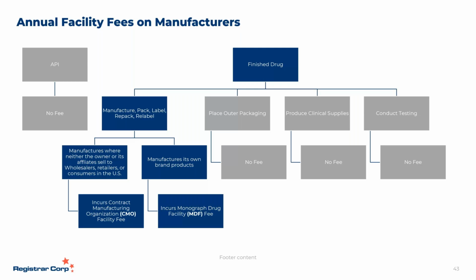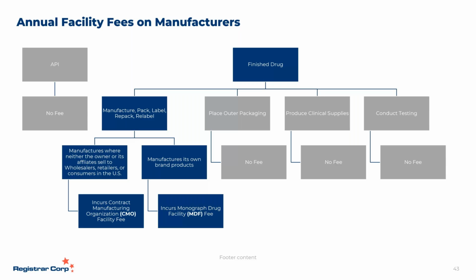There are two types. If the manufacturer is producing a drug product that is marketed under its company name or brand, then it is an own label manufacturer that will incur the monograph drug facility fee, an MDF fee. If the site is only manufacturing drug products for another company, not under any common ownership, that'll have its own company name on the label, it's known as a private label distributor, then the manufacturer is a contract manufacturing organization.